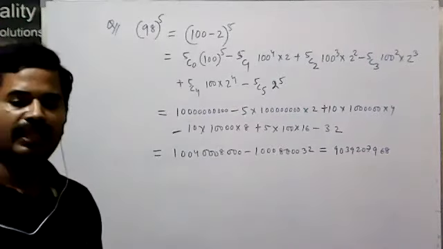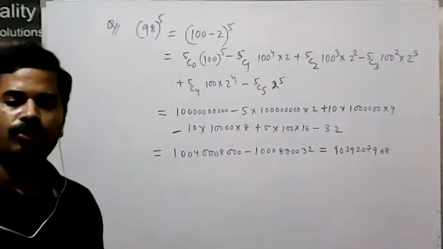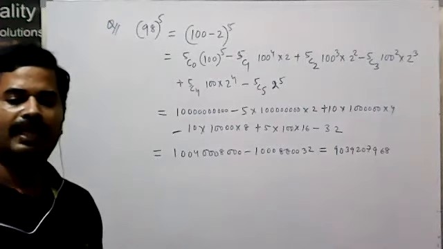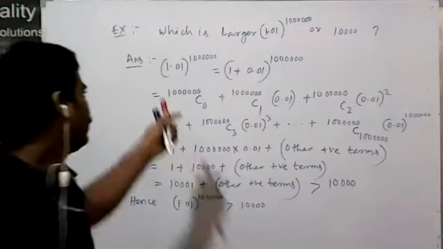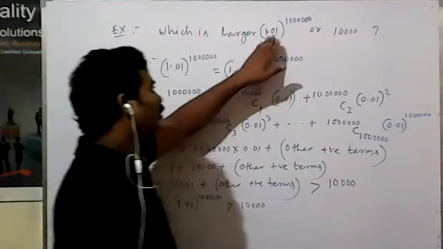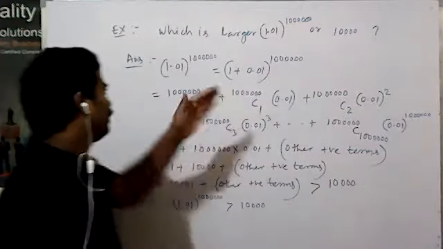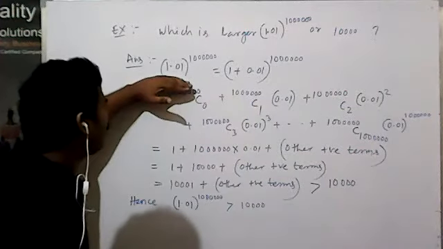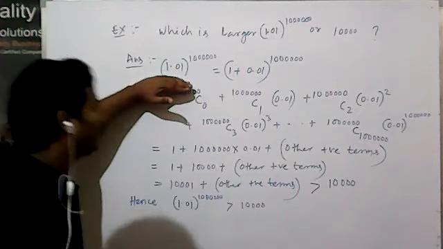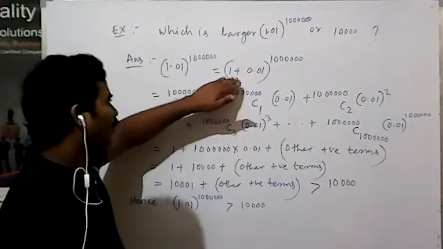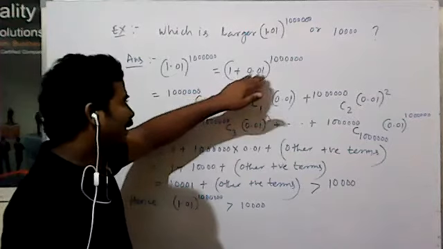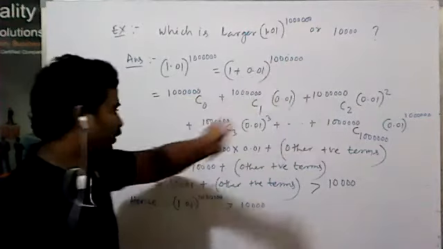Another example: which is greater or which is smaller, we have to find out which is larger. Which is larger, 1.01 to the power 1 million or 10,000? So 1.01 to the power 1 million, if you expand, that is 1 plus 0.01 to the power 1 million.